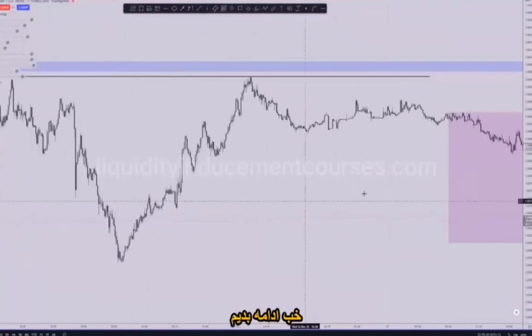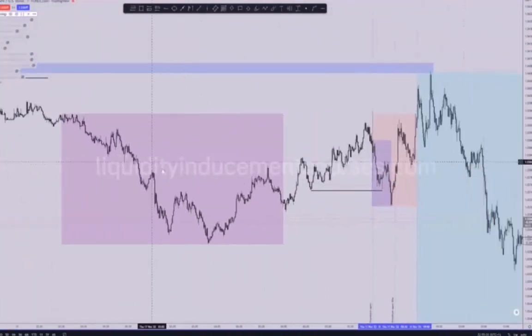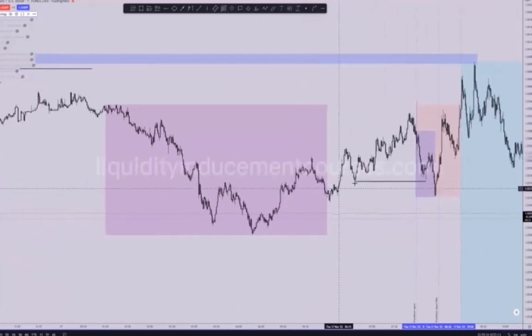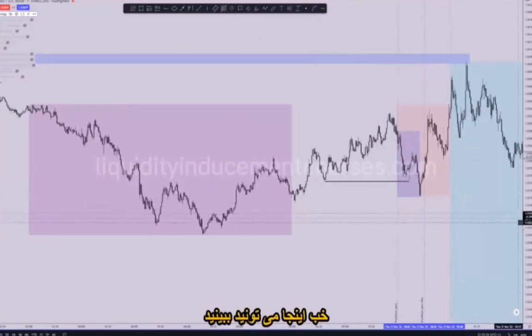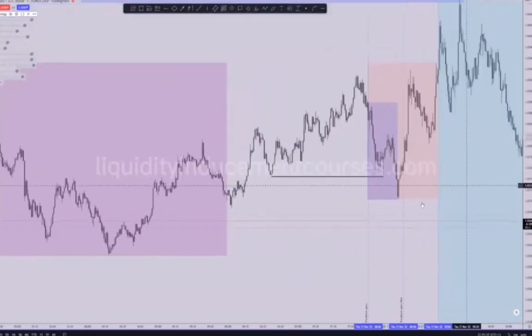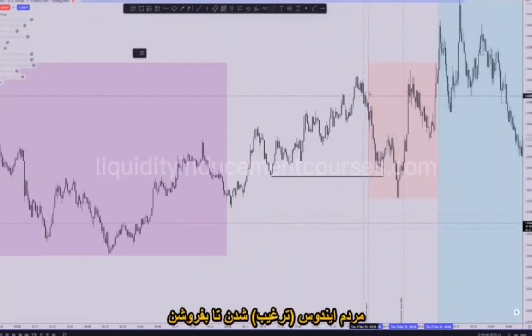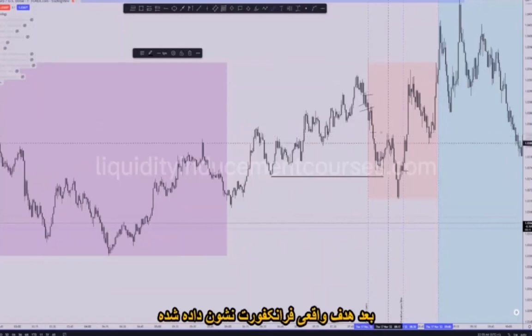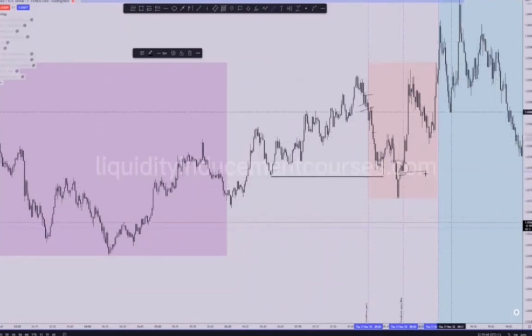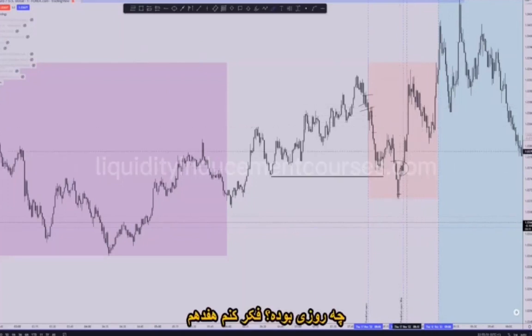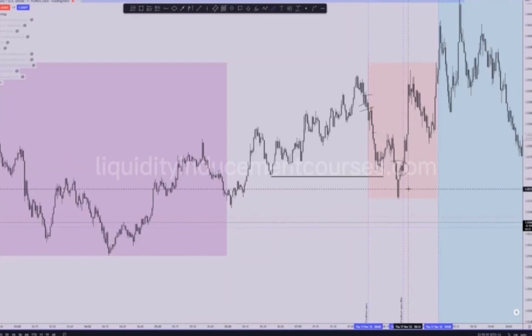Then let's continue. Oh yeah, here you can see Frankfurt was manipulated in the first half, right? People were induced to sell. Then the true intention of Frankfurt was shown, and we are buying, right? So what day was it? 17?